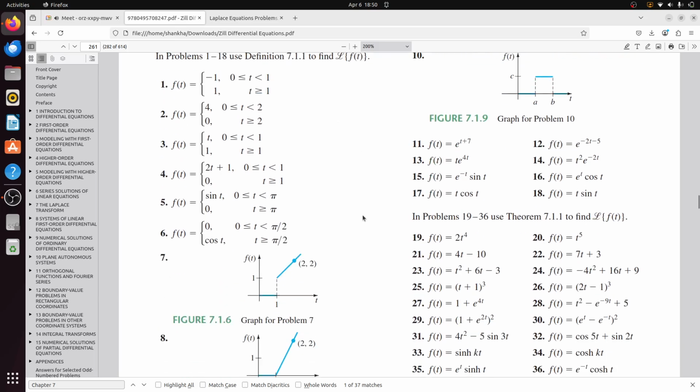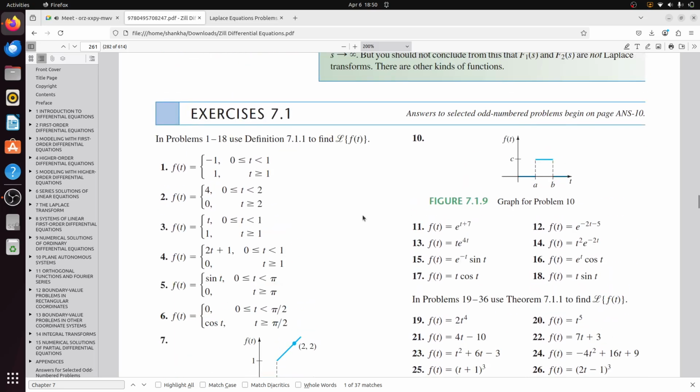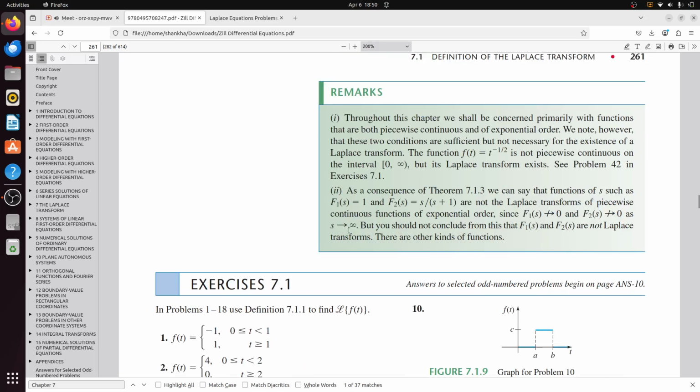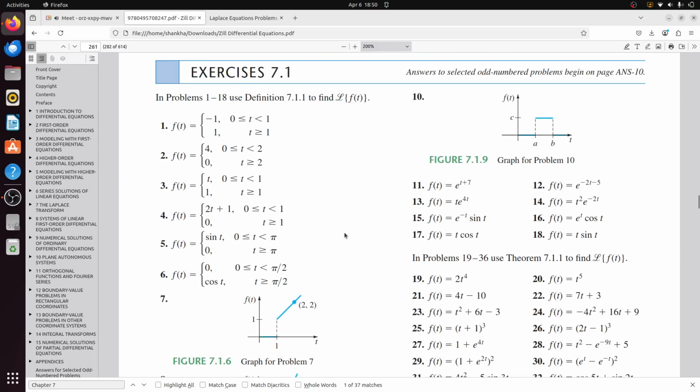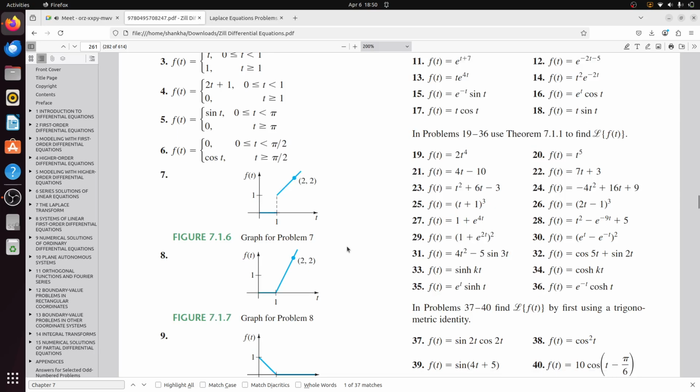I request you to please, I have already uploaded the book and this is a very nice one. If you solve this chapter 7, you will get the actual essence, and this book is meant for engineering students. I have a few problems, I will discuss them.